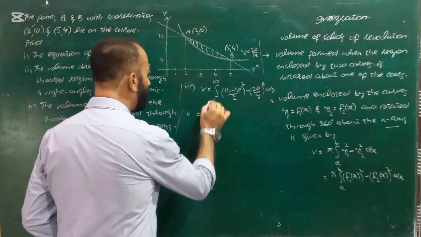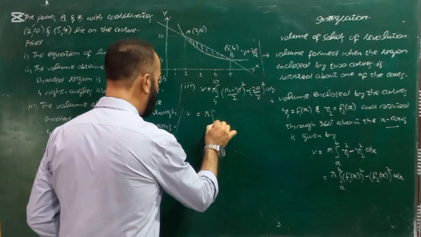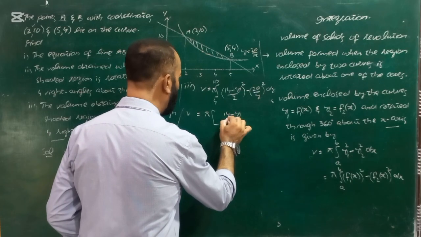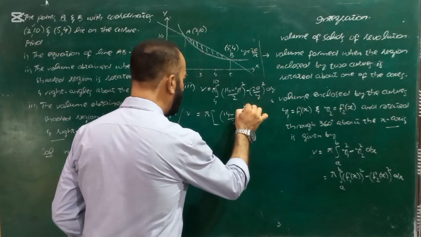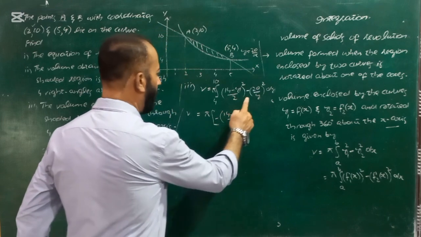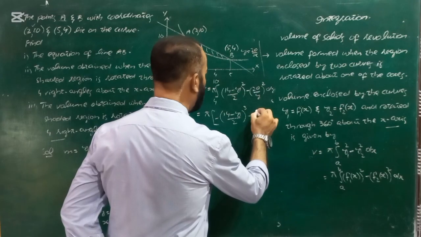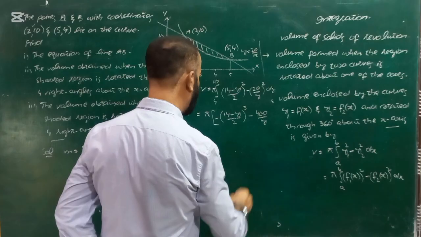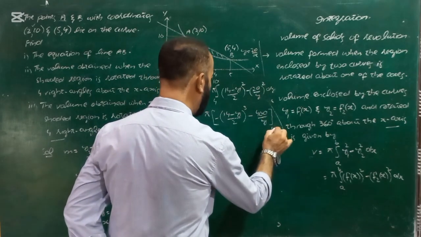So volume is equal to, here will be pi also, so pi into 14 minus y over 2 whole cube, and here will be minus 400 over y. So this is integrated now, still limit is there, that is 4 to 10.